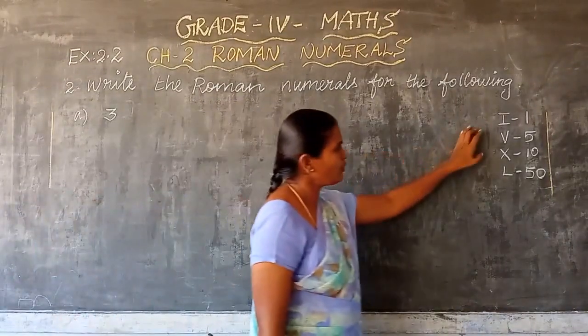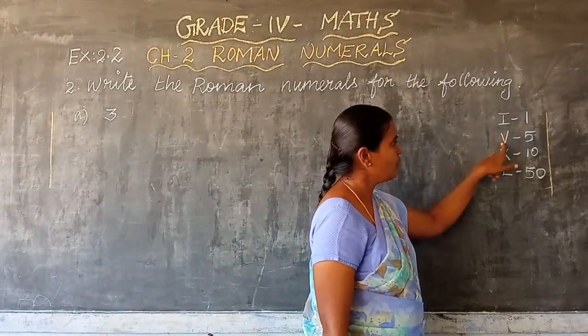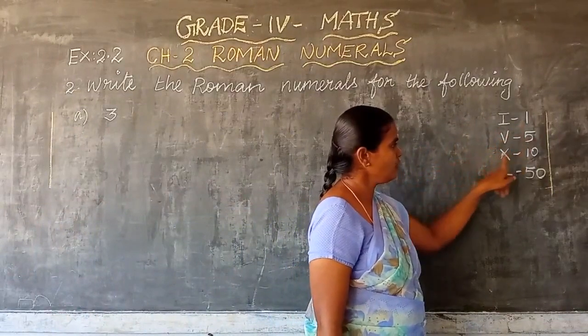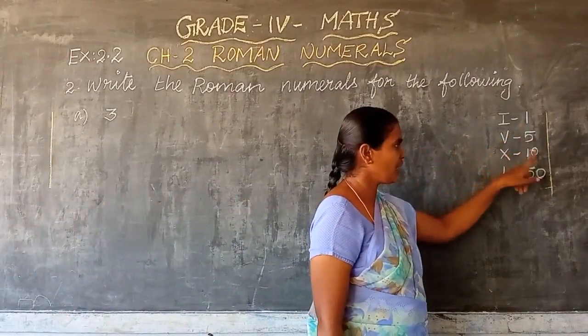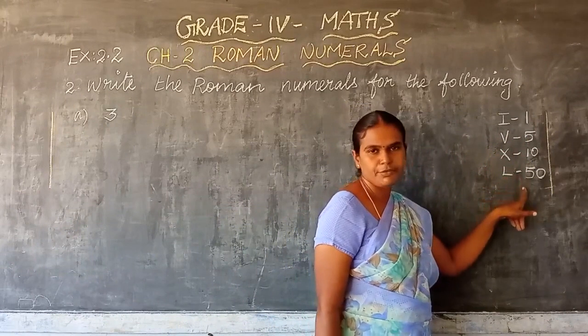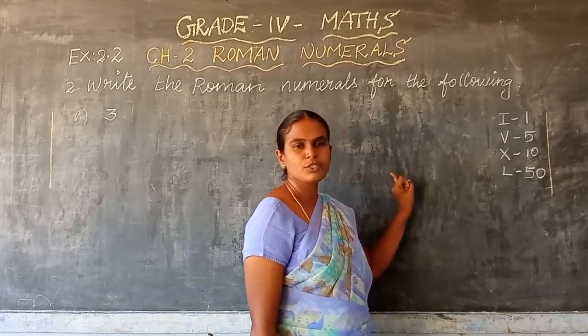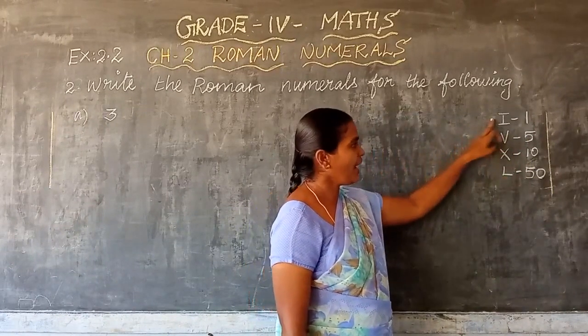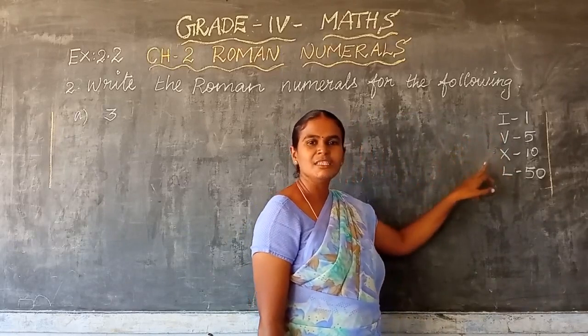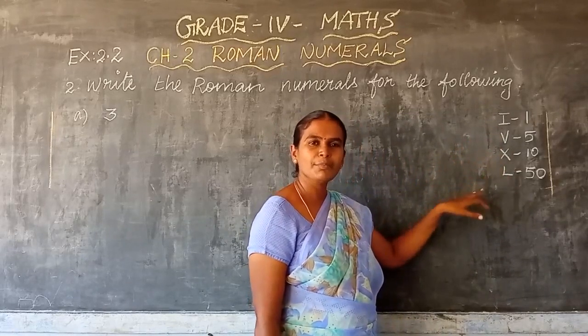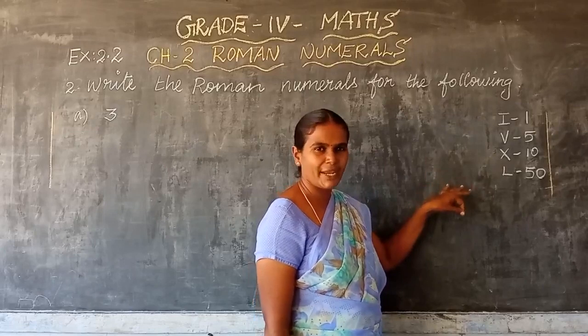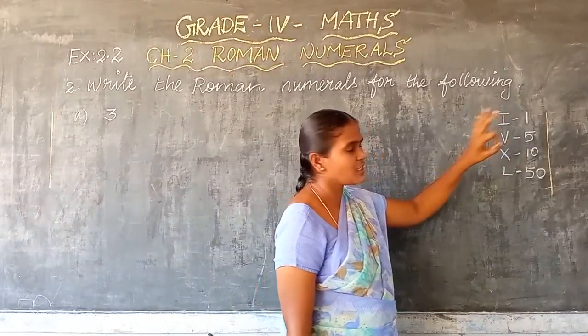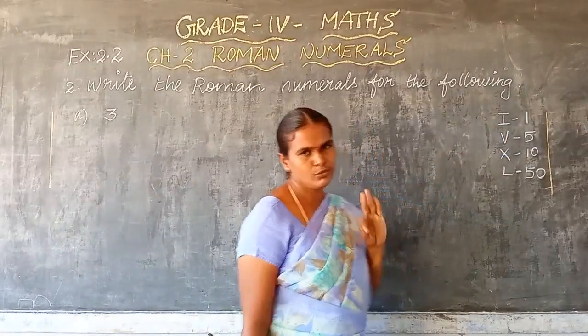We know value of I, 1. Value of V, 5. Value of X, 10. Value of L, 50. We know that first rule, I, X, C, M repeated maximum 3 times. So I repeated 3 times means we get value 3.